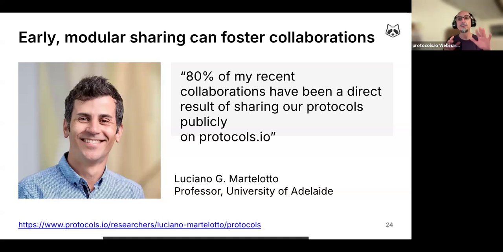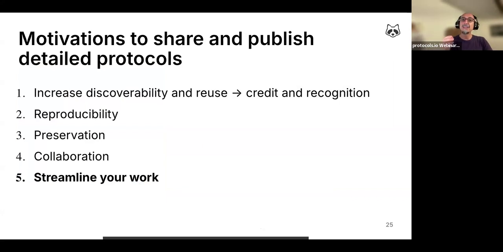And it does not preclude further recognition by publishing that method later on as part of a peer-reviewed publication. And that takes me to the fact that publishing your protocols should simplify your work down the road when the time of submitting and publishing a paper comes.